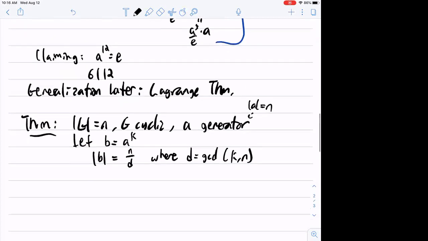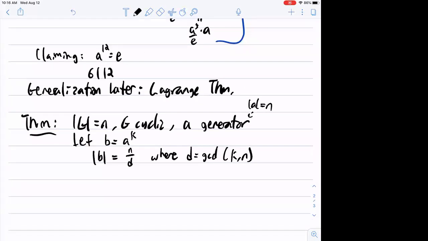So in particular, the order of B divides n. This is an integer, so it's some number that divides n, right?